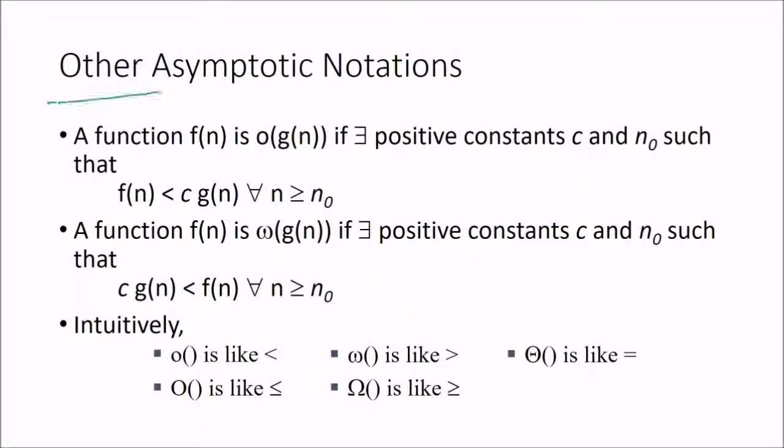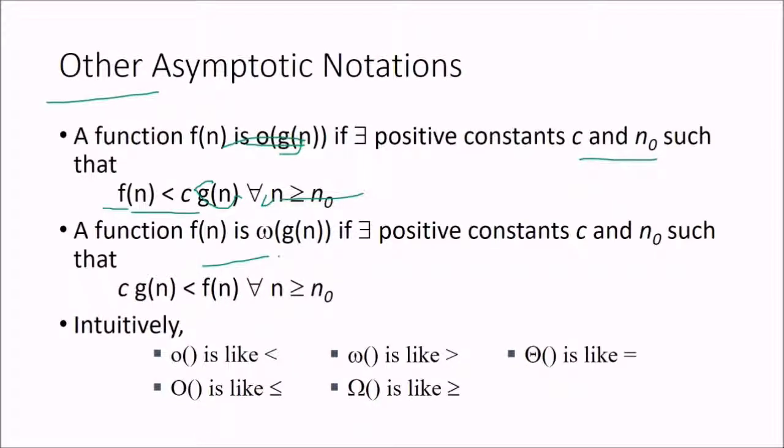We have other asymptotic notations also, like small o and small omega. A function f(n) is small o of g(n) if for all positive constants c there exists n0 such that f(n) is less than c g(n) for n greater than or equal to n0.